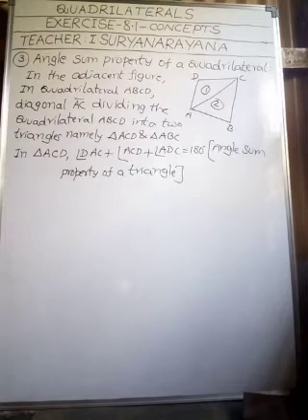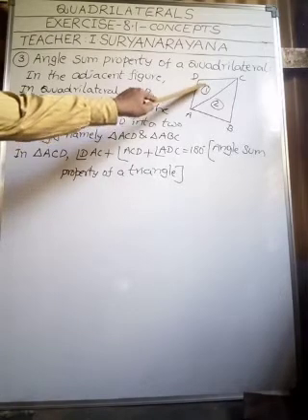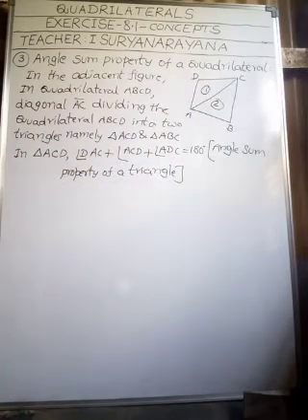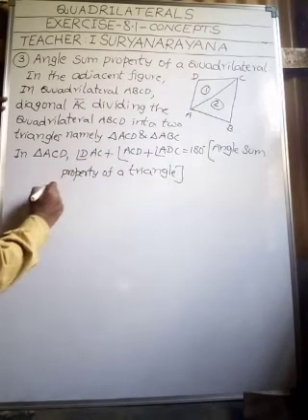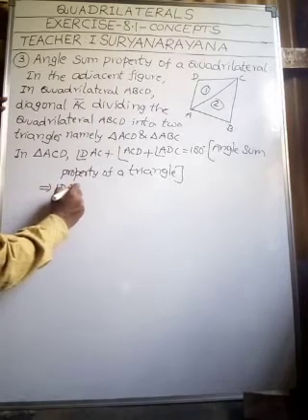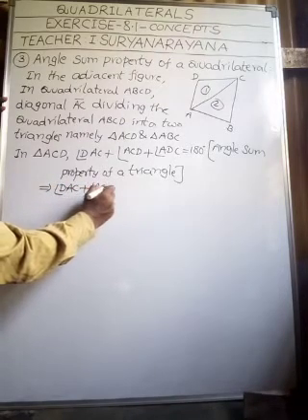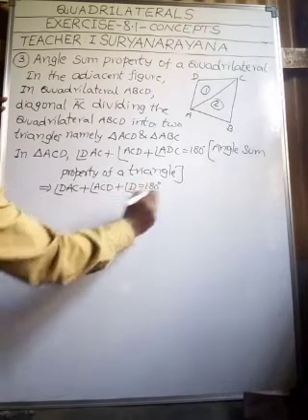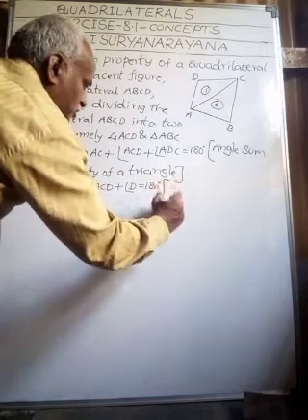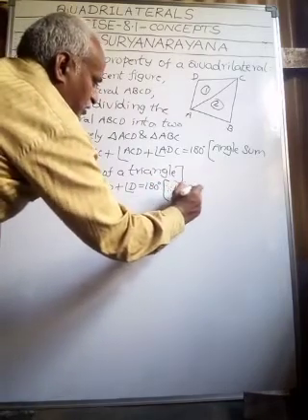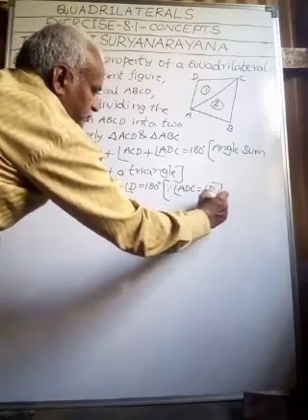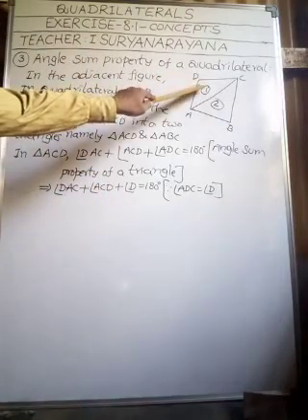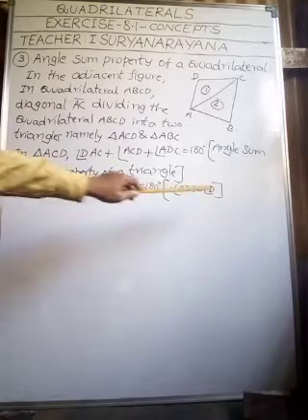Right. Now let us denote this angle ADC by a single letter. So angle DAC plus angle ACD plus angle D is equal to 180 degrees, because angle ADC is nothing but angle D. Angle ADC can also be written as angle D by using a single letter.